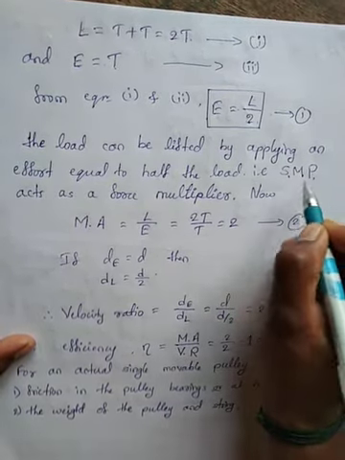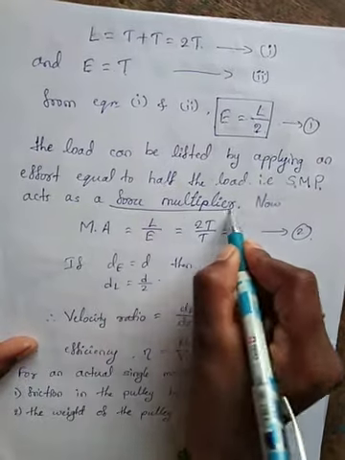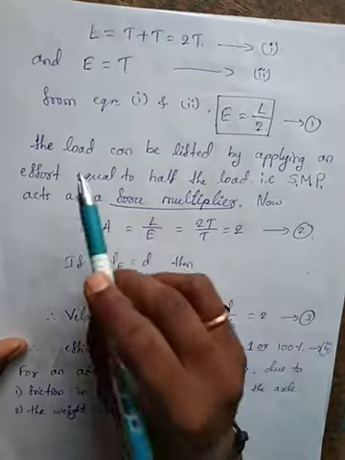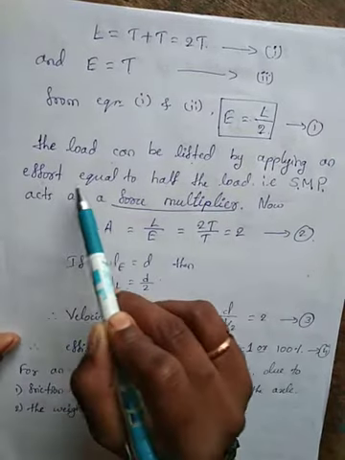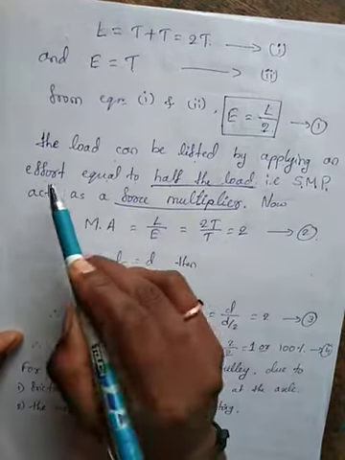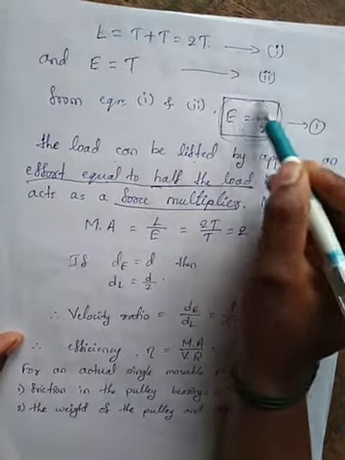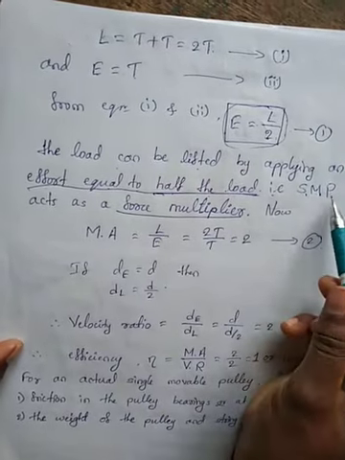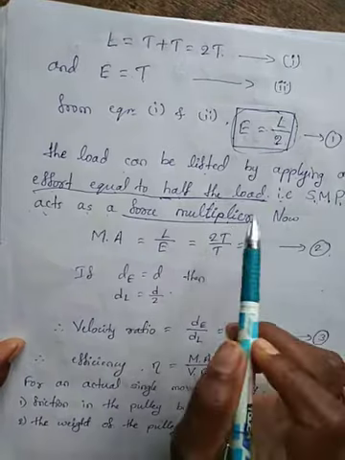This SMP, single movable pulley, acts as a force multiplier. See, this is important. The load can be lifted by applying an effort equal to half the load. See in this equation, single movable pulley acts as a force multiplier.